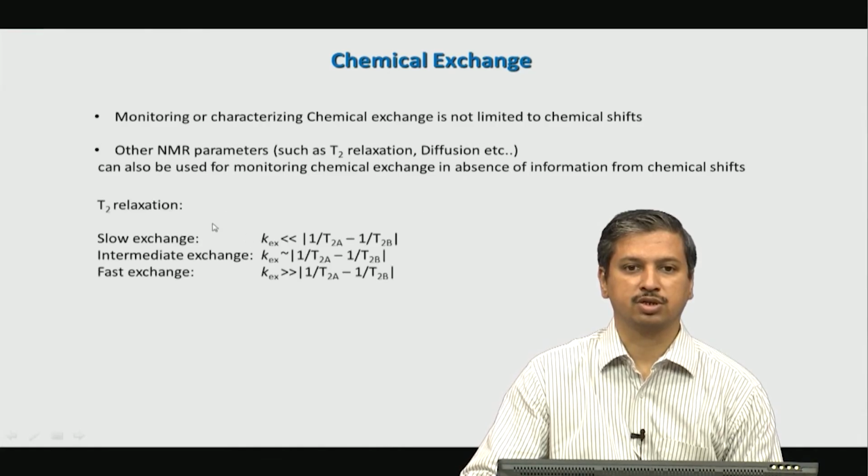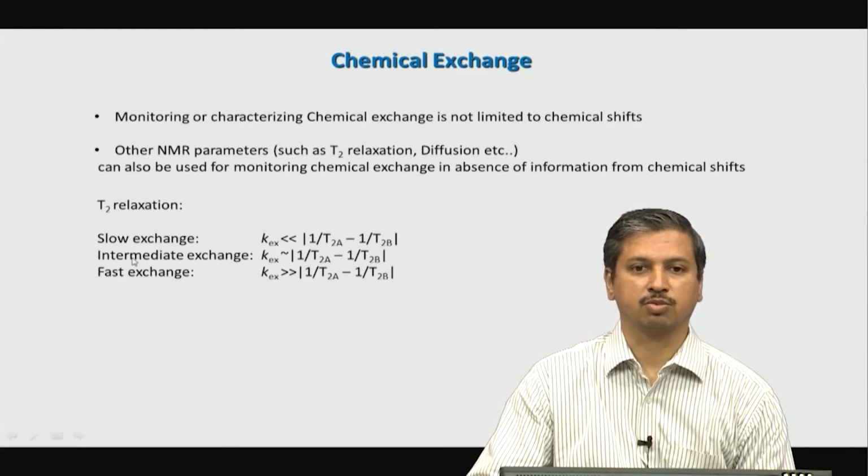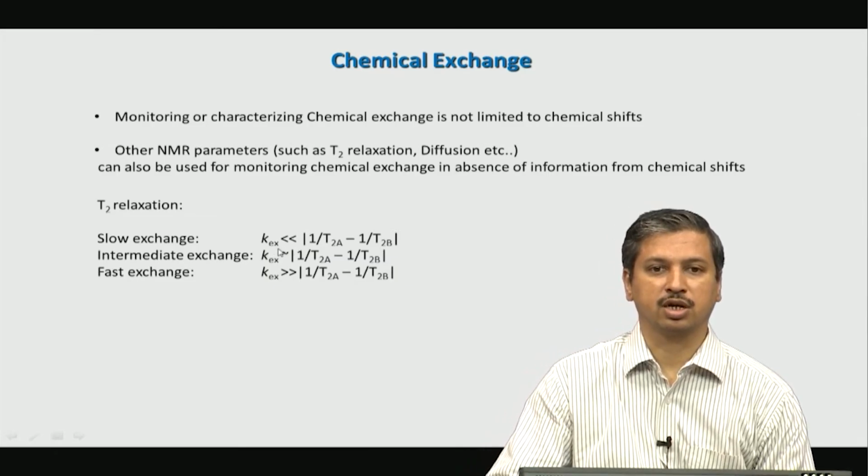So, this is what is shown here, that we can also look at these different exchange processes based on these criteria. We can say that the rate of chemical exchange is slow if it is much smaller than the difference in the relaxation rate between the two states.